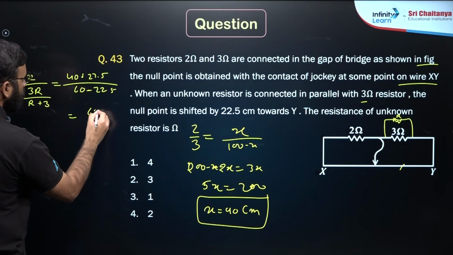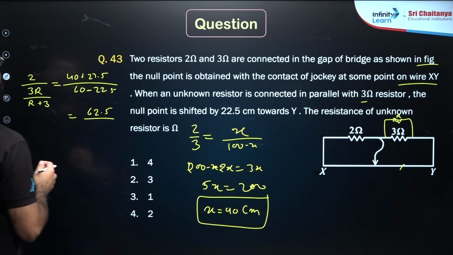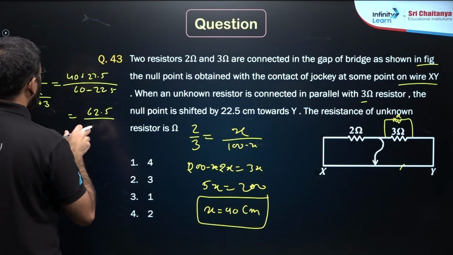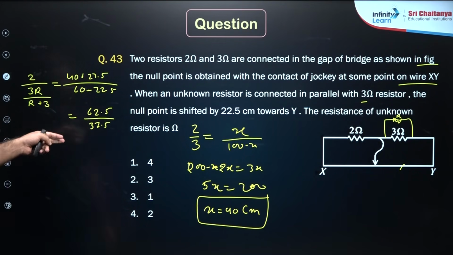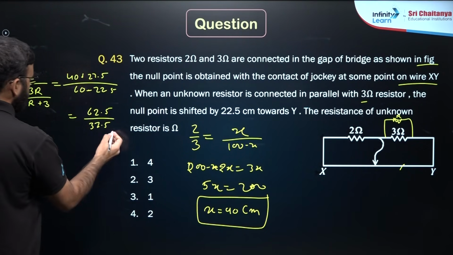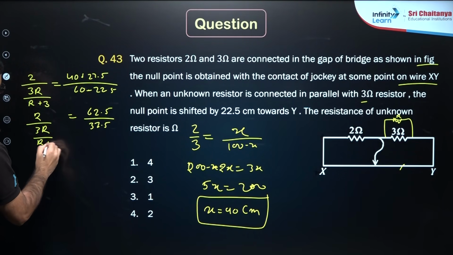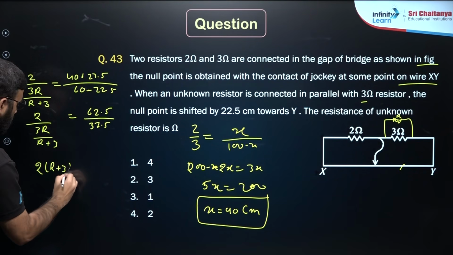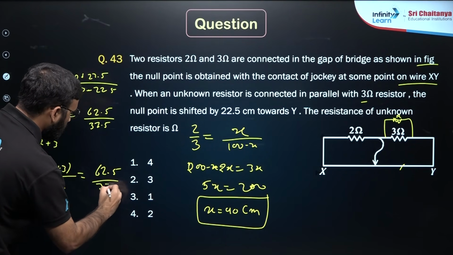So just you can solve this one. 62.5 divided by 37.5, and equals to this one, 2 upon 3R upon R plus 3. Okay, so this will go up, so 2 into R plus 3 divided by 3R equals 62.5 divided by 37.5.